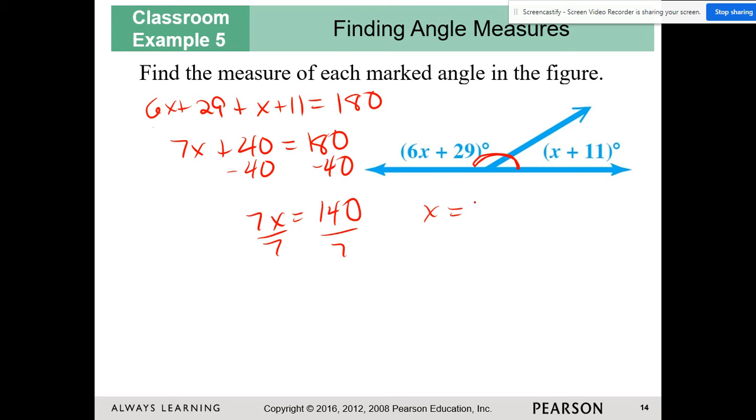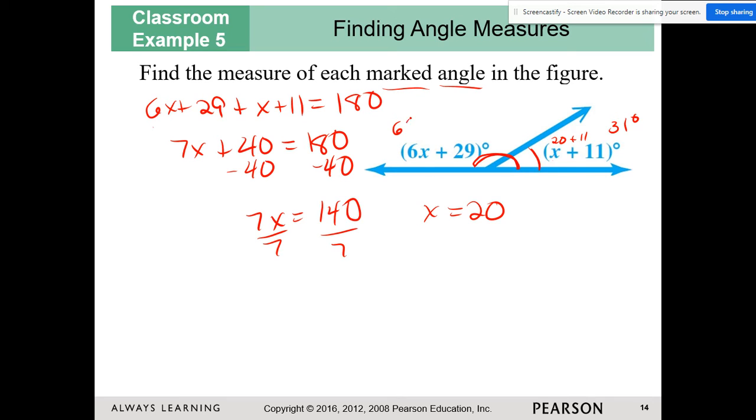Now, a lot of students will stop here and say, you know, x is equal to 20 degrees, and then they stop. But that's not what it's asking. Find the measure of each angle. So this angle is x plus 11. So we have 20 plus 11. So this angle right here is going to be 31 degrees.